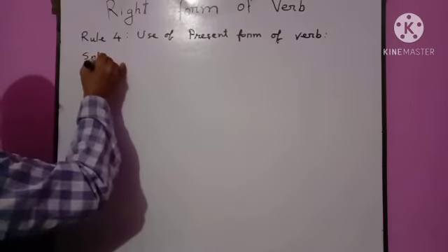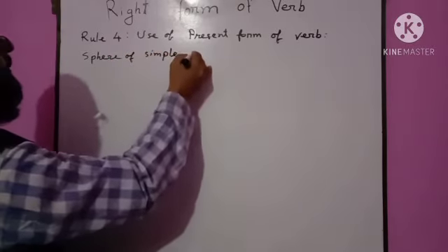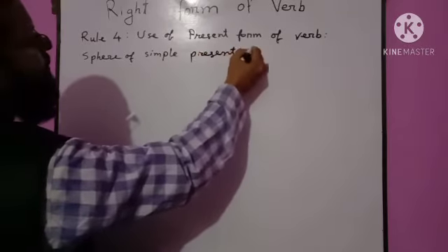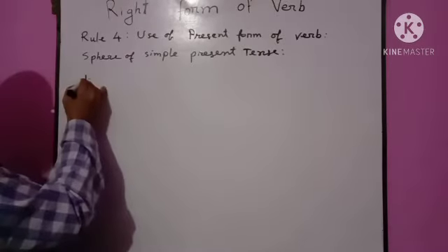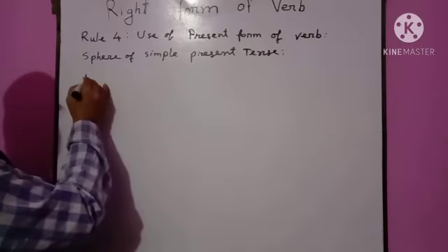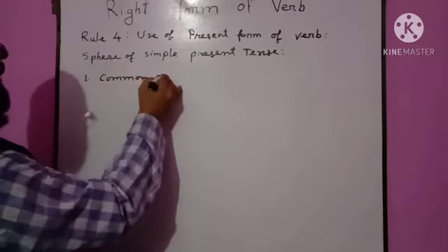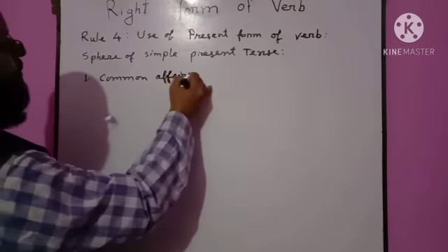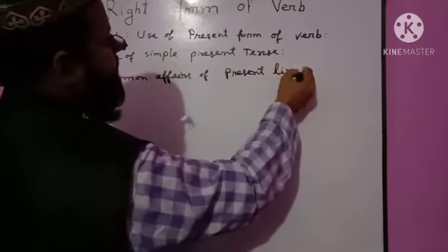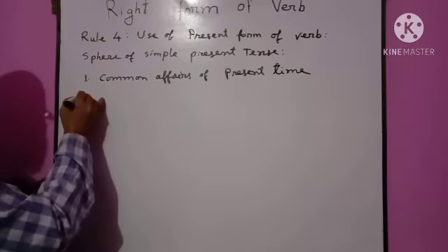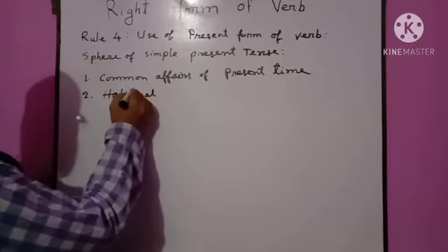Sphere of simple present tense. Number 1, common affair of present time. Number 2, habitual fact.